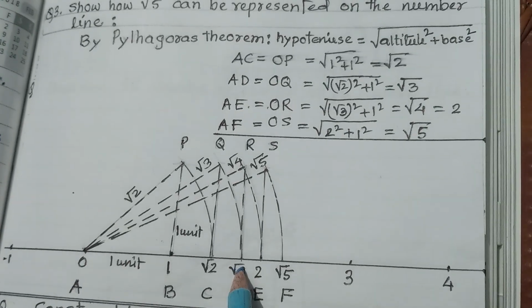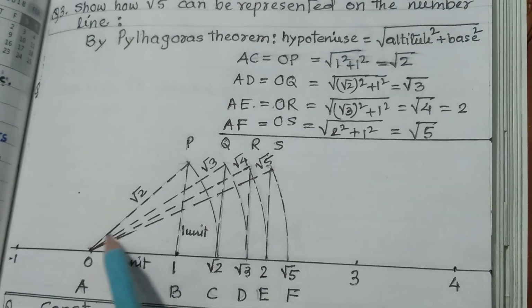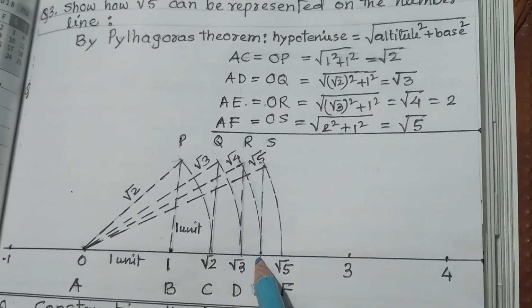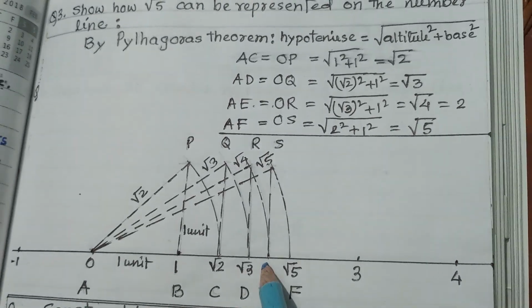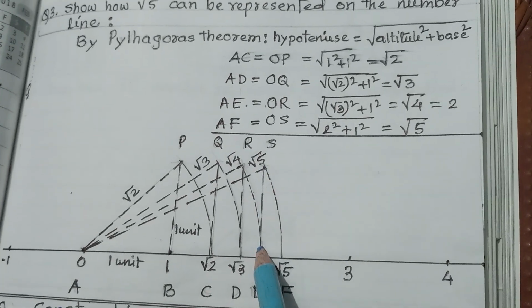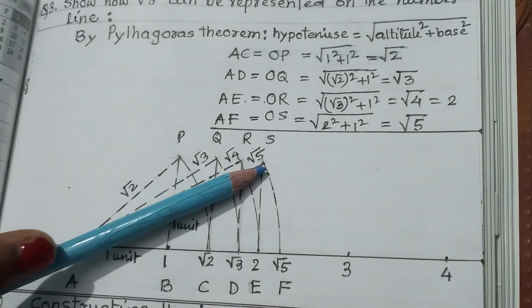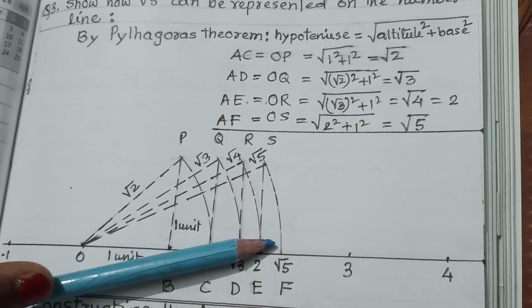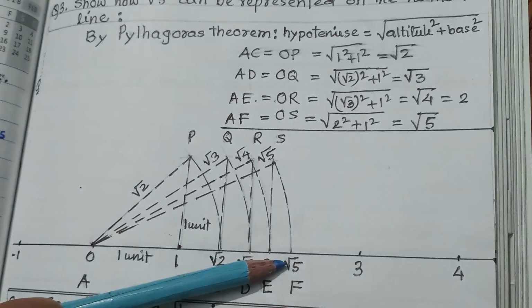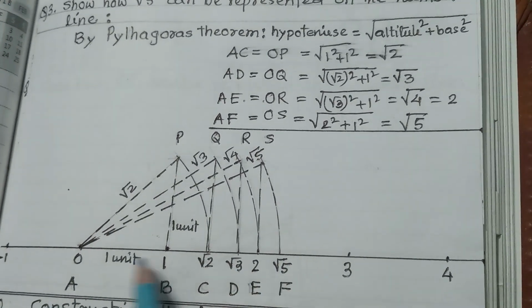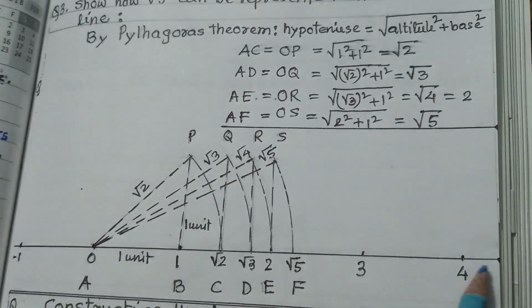So root 3 square plus 1 square is under root 4, that means 2. Again 2 square plus 1 square, under root, is under root 5. Now you take this radius and draw with compass, it is root 5. So root 2, root 3, root 5, all we can insert on the number line.